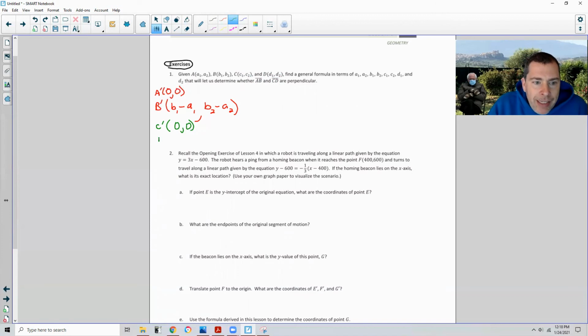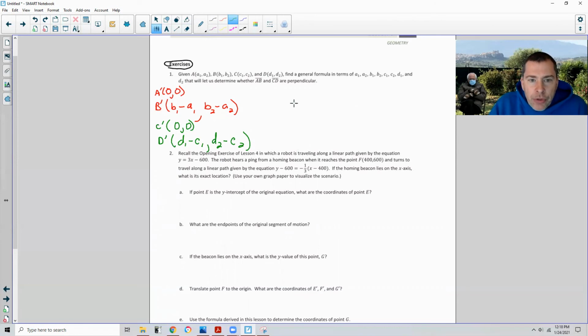So my D prime is going to end up being D sub 1 minus C sub 1, comma, D sub 2 minus C sub 2. So there are our other two endpoints, and now A prime and C prime are the origin.